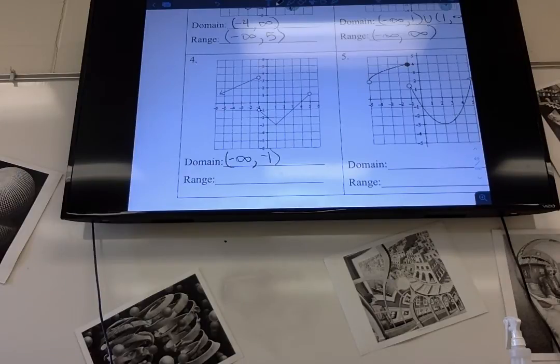There is no y that goes with x being negative 1. Those are both open circles. So then I have to pick back up at negative 1. And now how far do I go? 5. And that is also an open interval, or parentheses, because I can't include the 5 because of the open circle. There's no arrow, so it does not go to infinity.